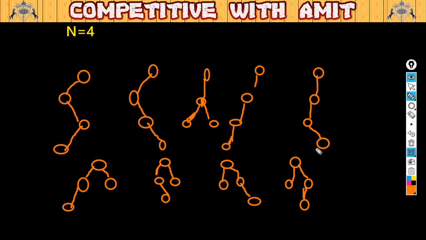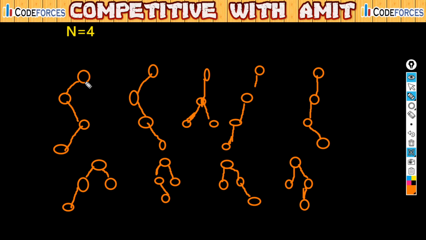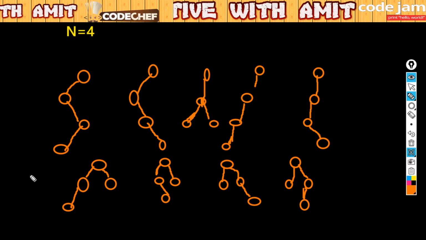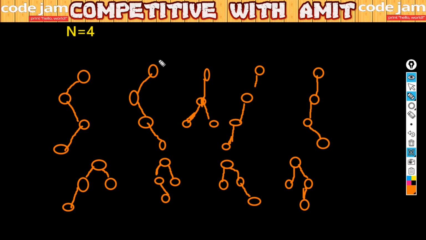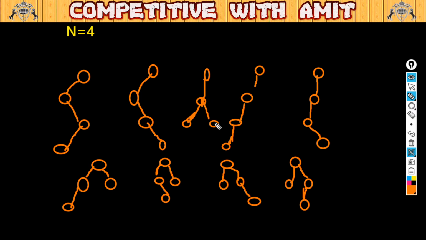If we try to find all the combinations for n equals 4, the first combination is the root node, its left, then right, then left. For the second combination, root node's left, right and right. Third, root node, then its left, then right, then one left. So it has 2 nodes.